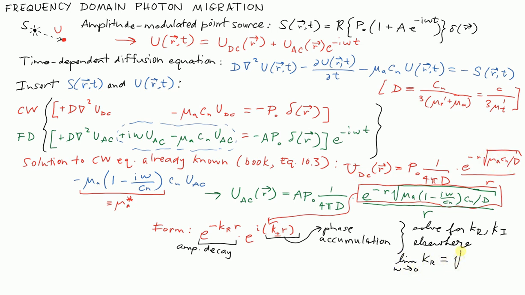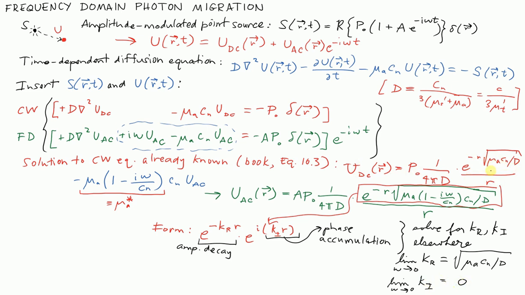So that would be square root of mu A Cn over d, and the limit as omega goes to 0 of K imaginary should be 0. There's no phase existing. There's no meaning to phase if you're in a DC term. So there's therefore no imaginary term showing up here at all.